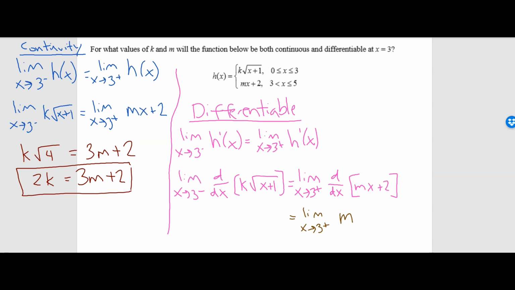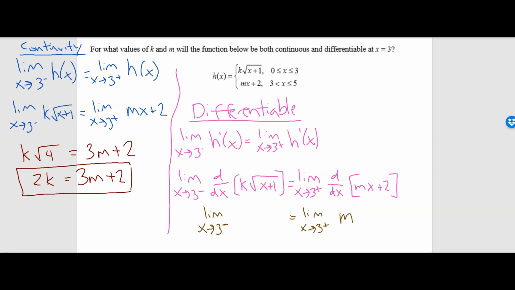On the left-hand side, a little more complicated, but the k being a constant actually doesn't complicate this too much. So I'm just going to write down the derivative, and if you need to go back and look at all the work, you can. So we have x approaching 3 from the negative side.